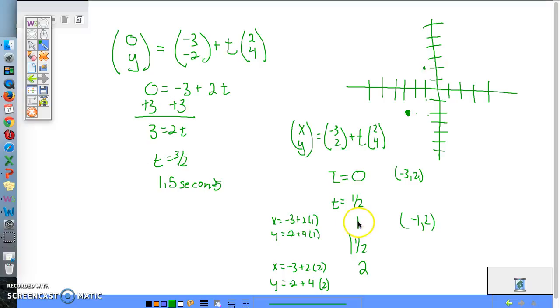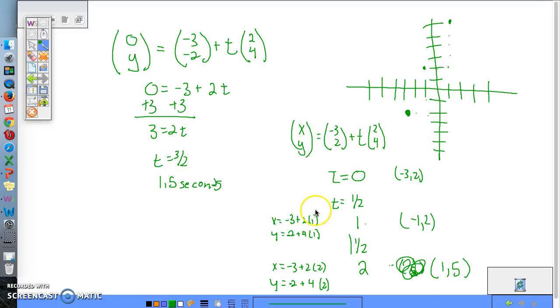So -3 plus 4 is 1, and 2 plus 8 is 10. Let's see if this makes sense: we go over 2, so we're at 1, and up 4, we're at 6. That makes sense that it's at 1, 6.